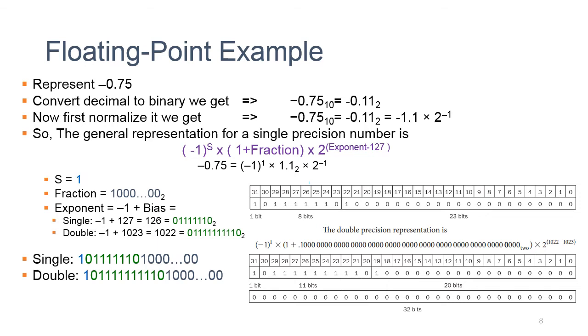This is not a normalized number, so we convert it into its normalized form. After normalizing it, it becomes -1.1 × 2^-1.